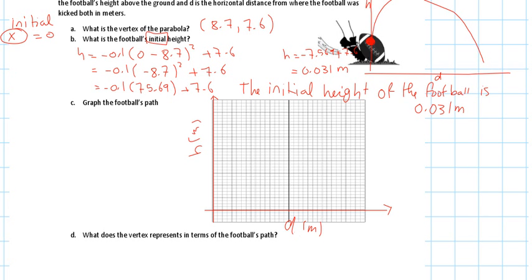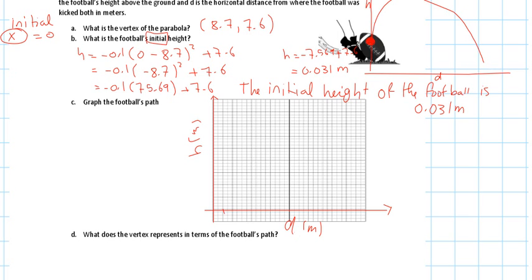So if I go 8.7, let's say this is 1, 2, 3, 4, 5, 6, 7, 8, 9, 10, 11, 12, 13, 14, 15, 16, 17, 18.